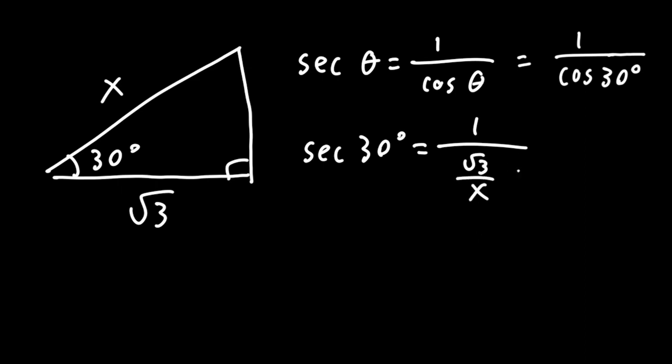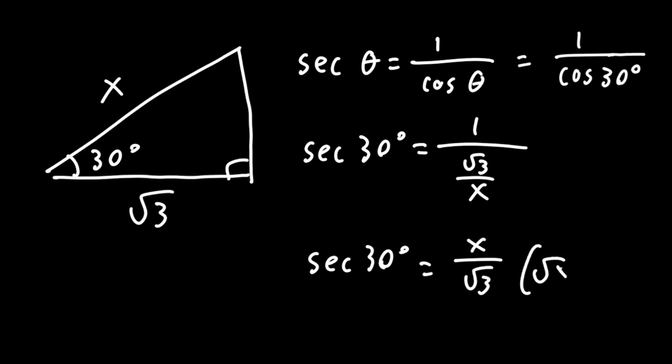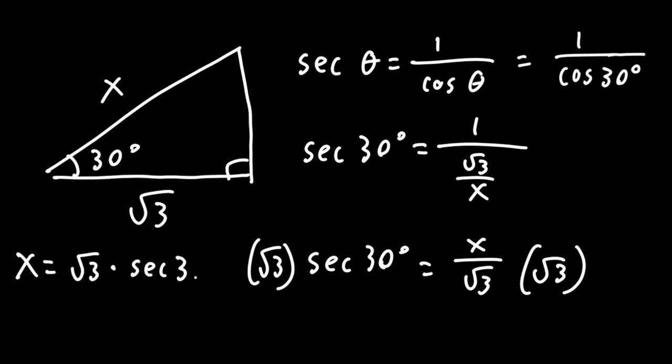Recall that we can also just find the reciprocal. The reciprocal of square root of 3 over x is just x over square root of 3. So secant of 30 degrees equals x over square root of 3. If we multiply both sides by square root of 3, we end up with x equals square root of 3 times secant 30.